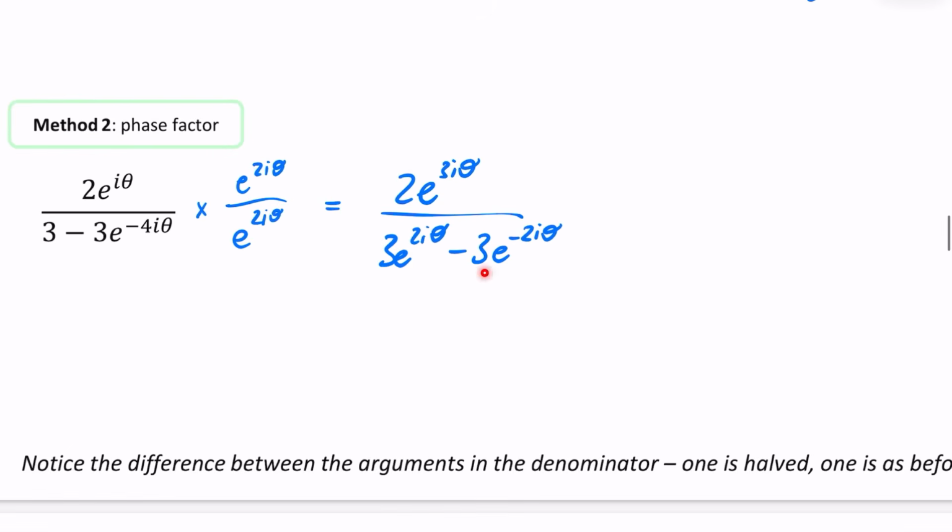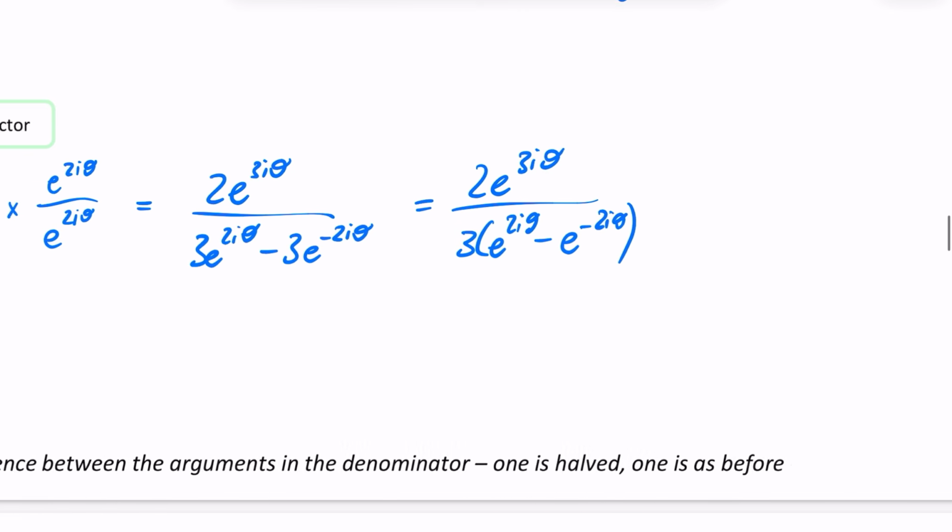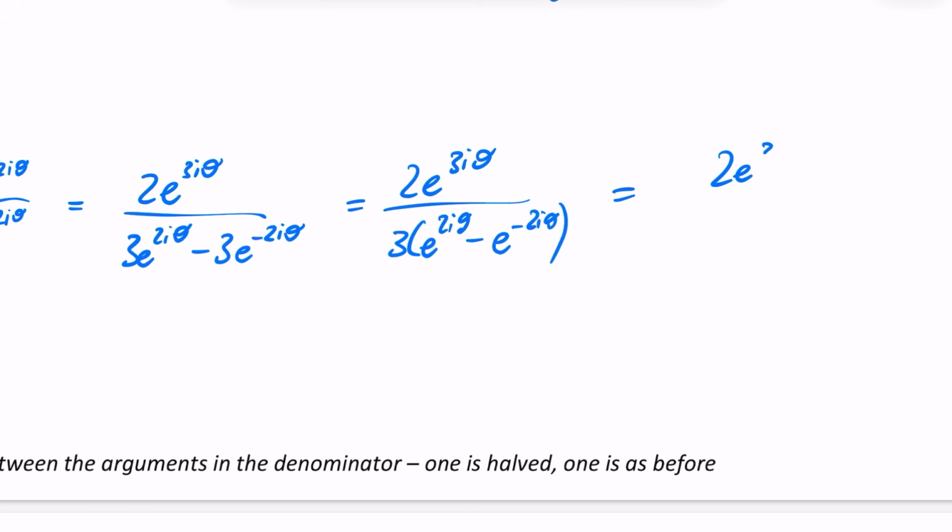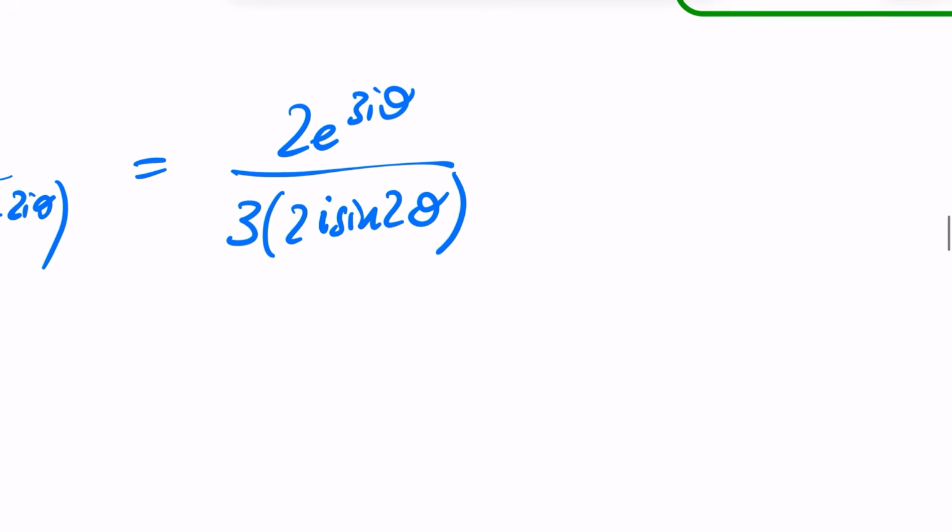And we've now got ourselves an expression that is very, very easy to simplify, because it is 2e to the 3i theta over 3 lots of this thing, which is something we very quickly recognize as a sine expression. So this is 3 lots of 2i sine 2 theta, like this. So let's just continue with this a little bit more.